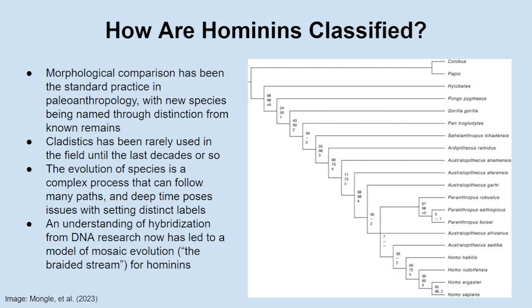And as someone who doesn't study hominins or mammals of any kind, but studies phylogenetics and evolutionary history, it is a little baffling to me that anthropologists have been so reluctant to adopt the methods of quantitative phylogenetic analysis that most of us studying other types of animals have, and indeed having a robust phylogenetic tree really underpins a lot of the major research that we do in studying other animals or even other organisms in general.